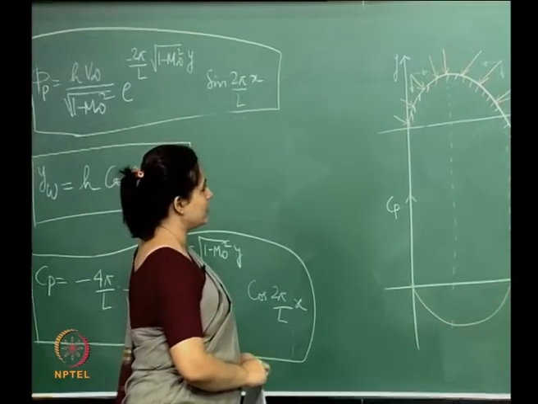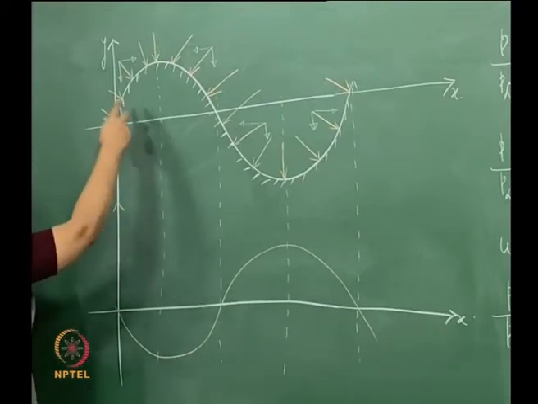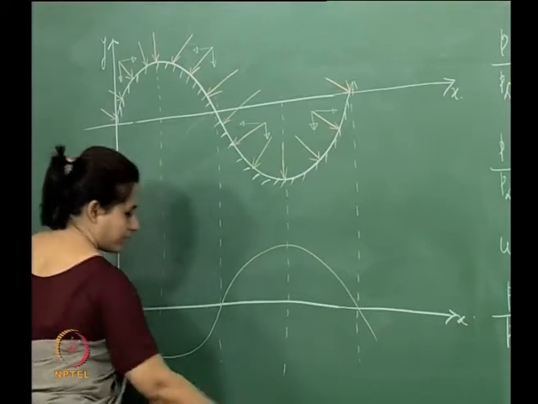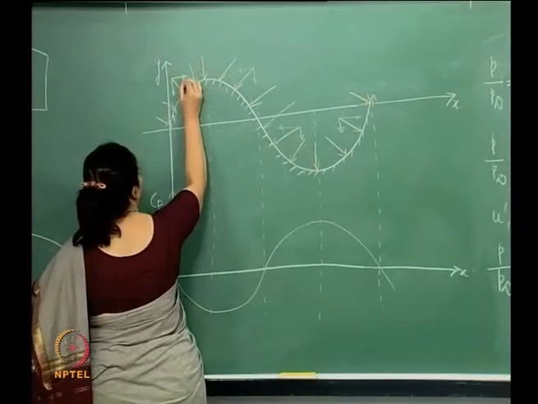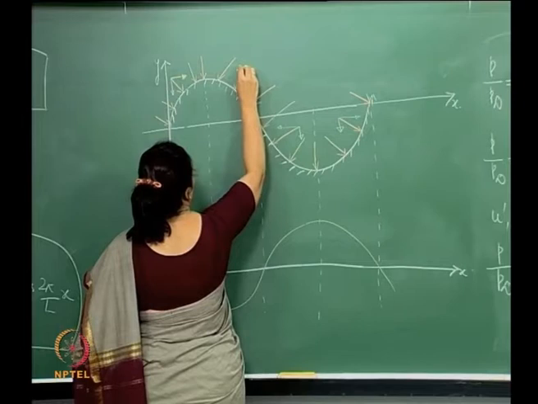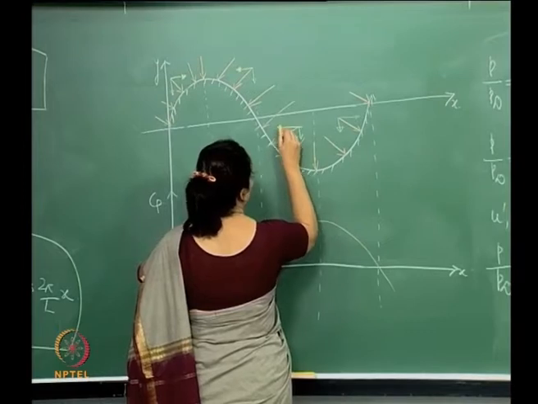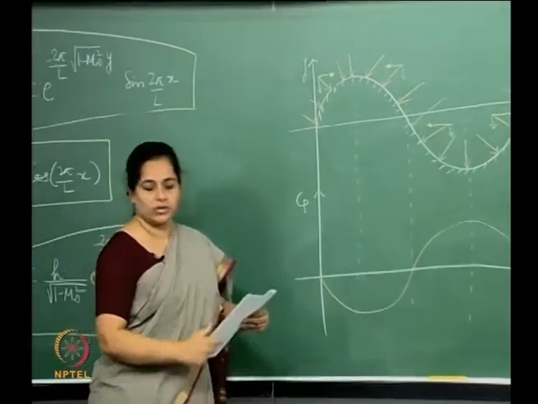So, if you have this, what do you understand from this? If you do that for all the pressure vectors, for the entire pressure diagram on this wall, what will we see? Do you see that the horizontal components cancel each other out, right.